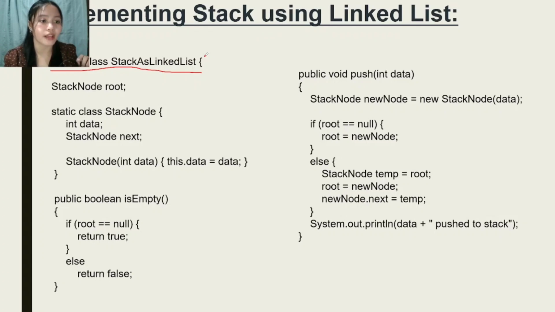So next, we created a static class StackNode. Okay, we created a class StackNode with the non-access modifier static. That non-access modifier static indicates that our class StackNode belongs to our public class StackAsLinkedList.